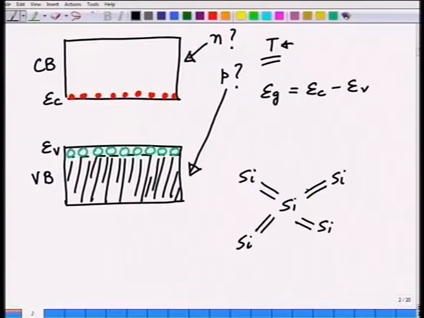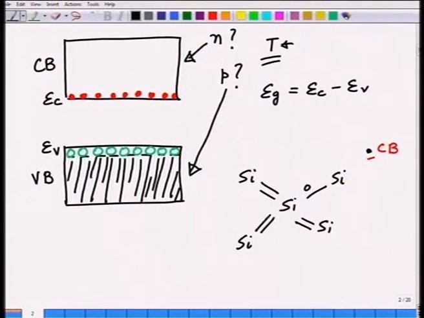A bond breaks like this, and I get a hole here, and a corresponding electron becomes free. This free electron goes into the conduction band, and the hole, which is free, I would say, is in the valence band. So I have these green holes in the valence band and the electron in the conduction band, which is also free.